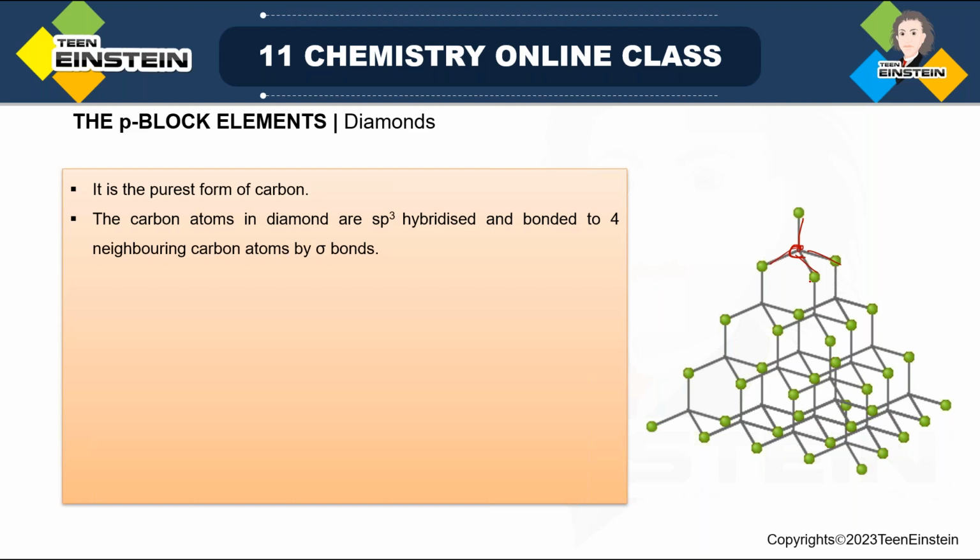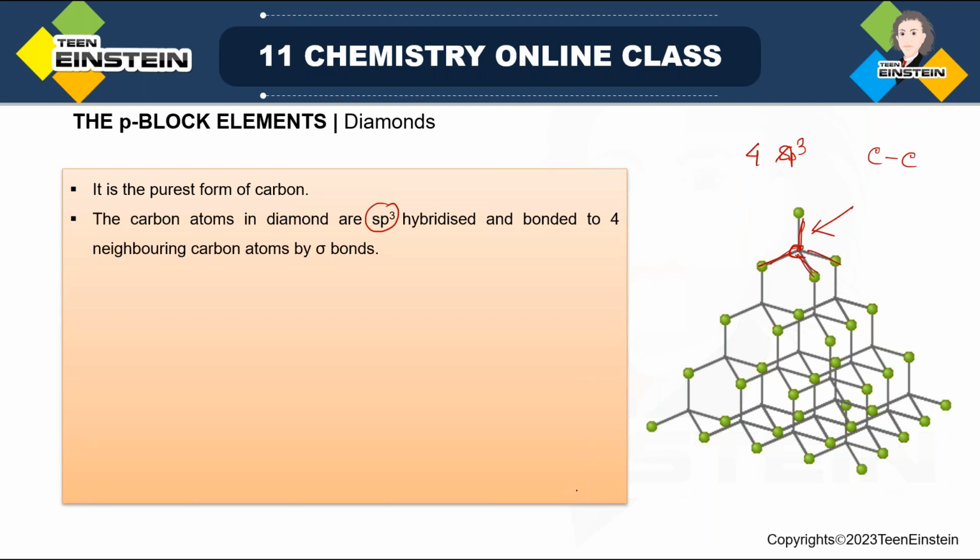All the allotropes, if you consider, and if it is asked which one is the purest form, then this is the purest form. In diamond, the hybridization of the carbon atom is sp3, which is clear from this type of tetrahedral arrangement. It will use 4 sp3 hybridized orbitals for 4 carbon-carbon single bond formation. This is a CC bond, CC bond, CC bond, CC.